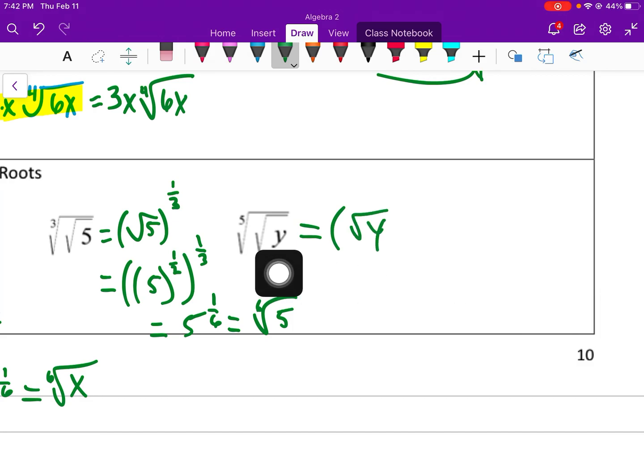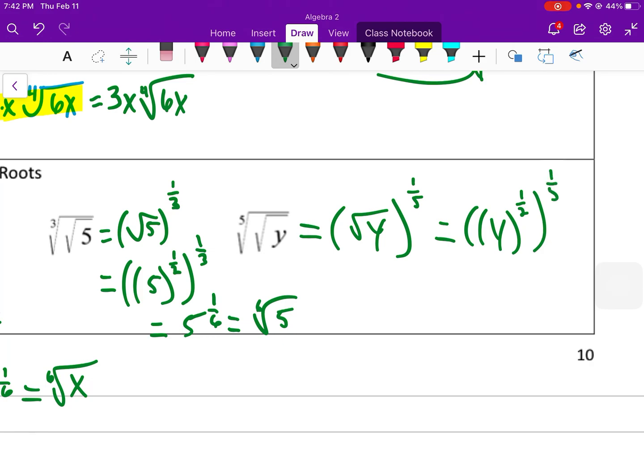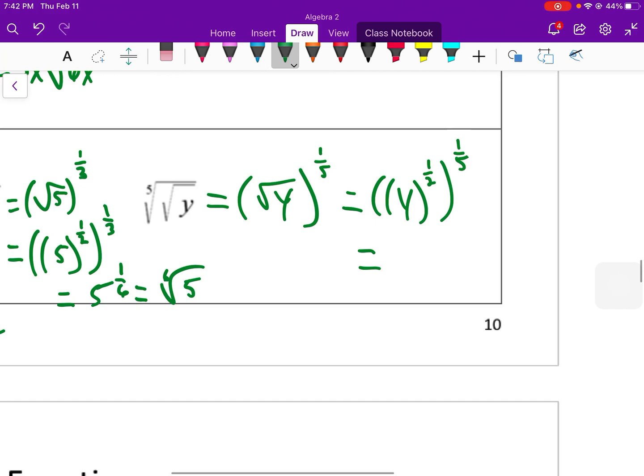Okay, now in this case, the inside is the square root of y. So when we rewrite the outside, it's to the 5th root, so our index is 5. And there's that exponent of 1, so it's 1/5. And then we can rewrite the inside. So our base is there. It's the square root, so that's rewritten as the half to the 5th power.